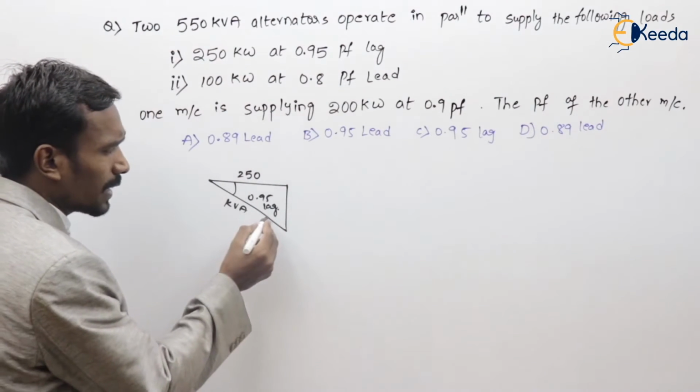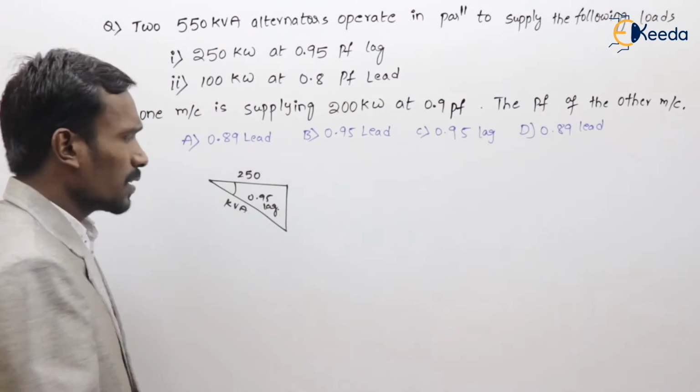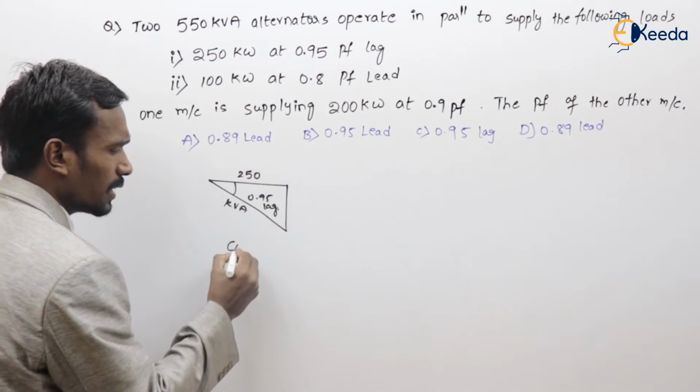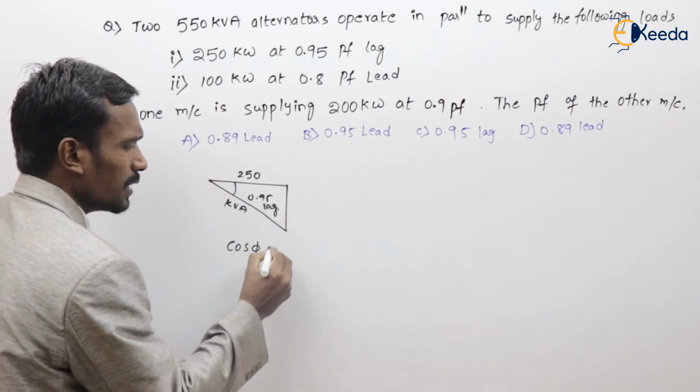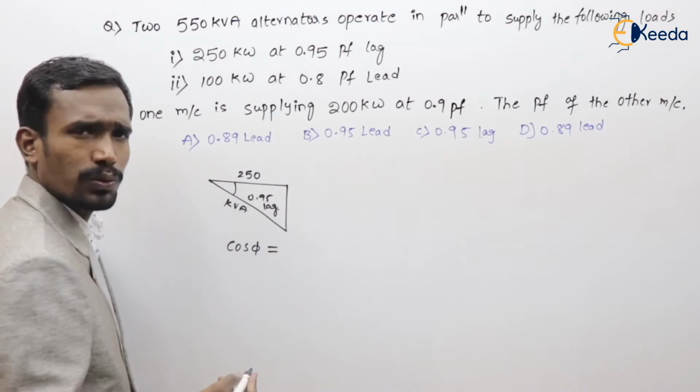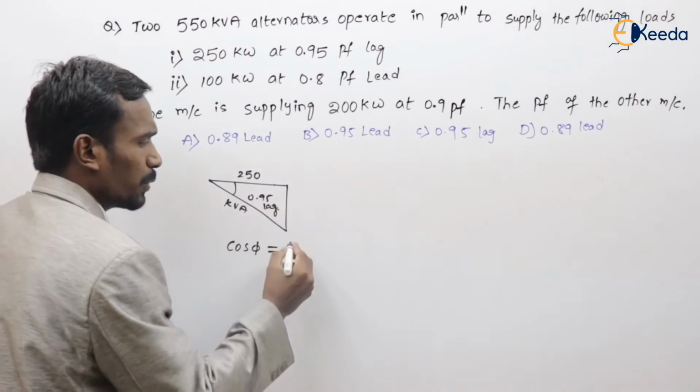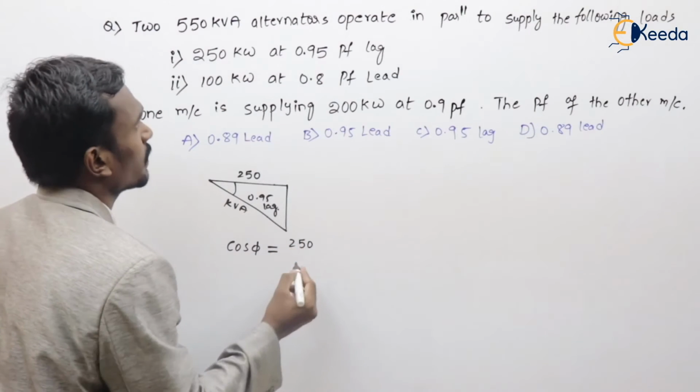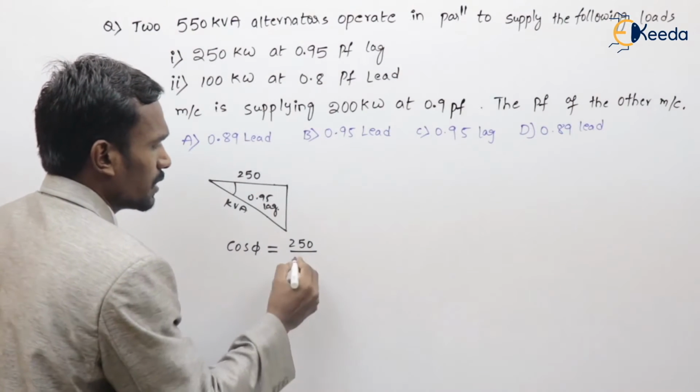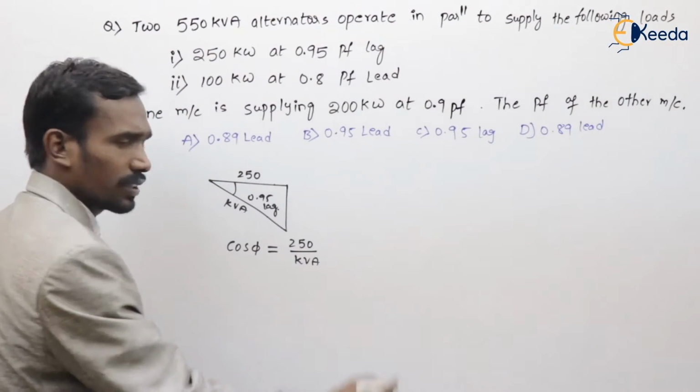Then how can we get this kVA? Generally, cos phi is equal to adjacent divided by hypotenuse.